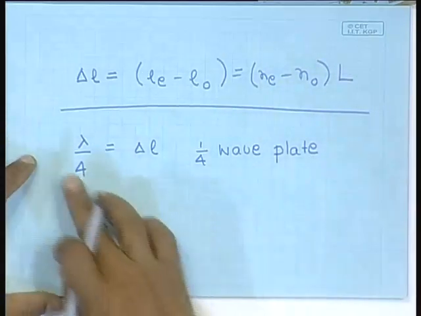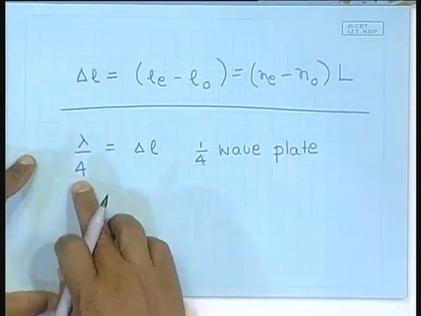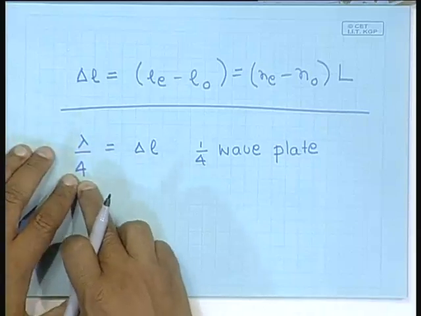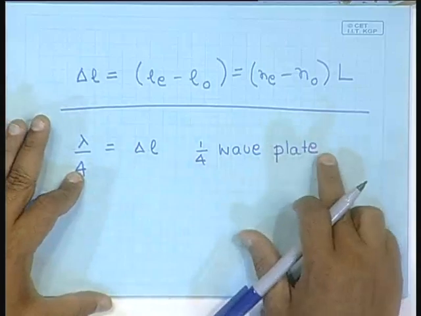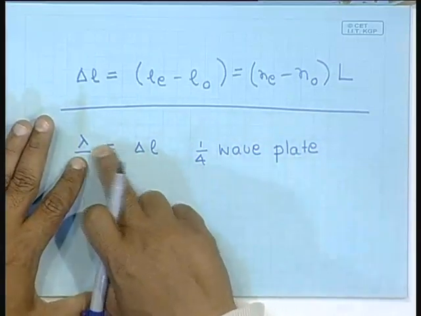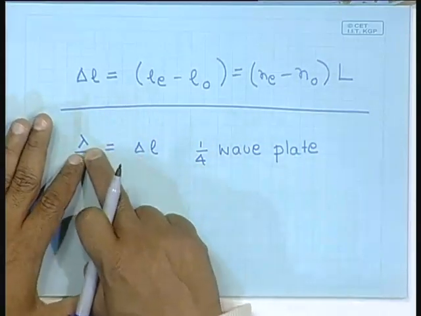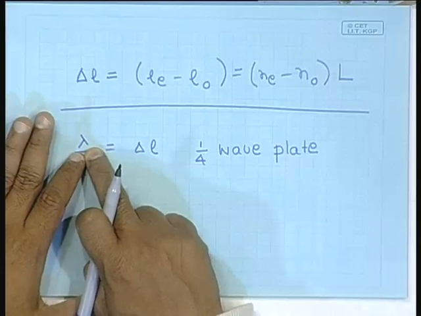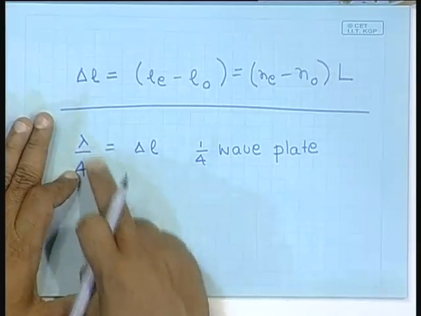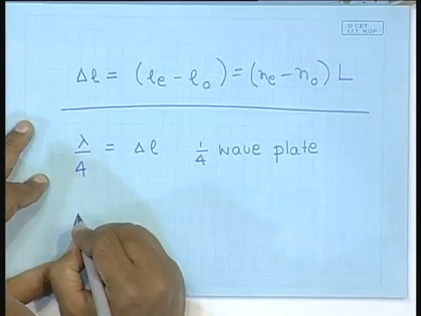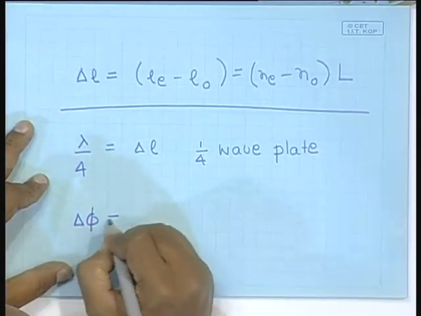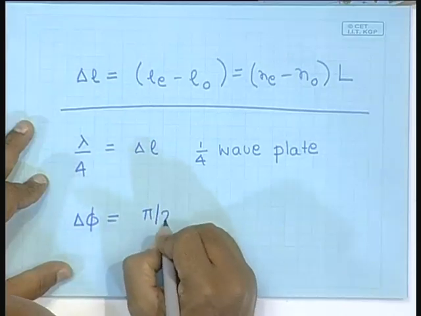And a quarter wave plate, if the optical path difference is lambda by 4, let us ask the question, how much phase difference does a quarter wave plate introduce? An optical path difference of lambda is a phase difference of 2 pi. So, lambda by 4 is a phase difference of 2 pi by 4, which is pi by 2. So, this introduces a delta phase of pi by 2.